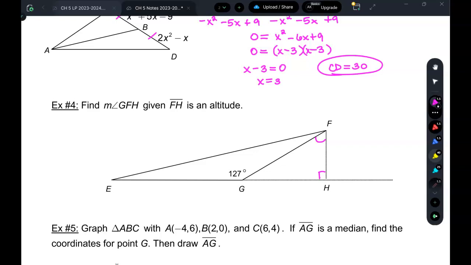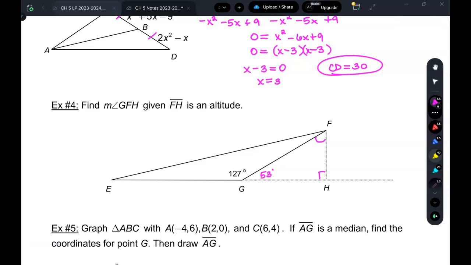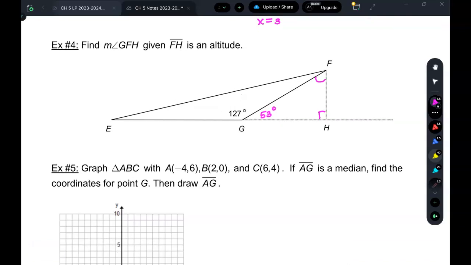What's 180 minus 127? That will make a linear pair. 53. Or if this is 90, then you could just do 90 minus 53 to get the measure.